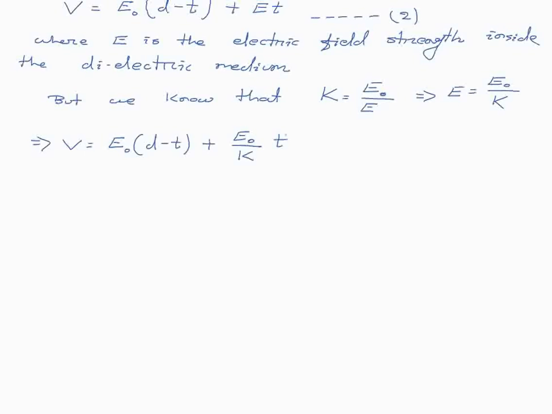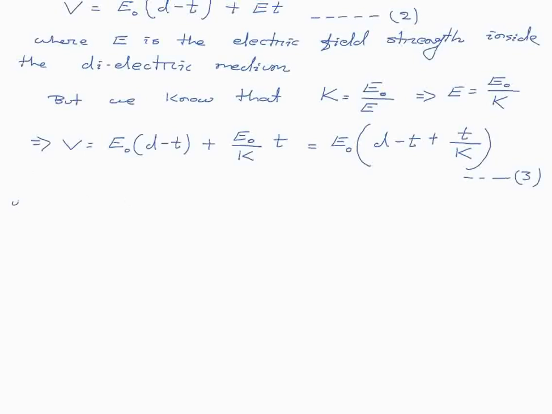So, this is equal to E naught is common, d minus t plus t divided by K. So this is the value of V, or the potential difference between the plates of the capacitor when the dielectric medium of thickness t is introduced between the plates.